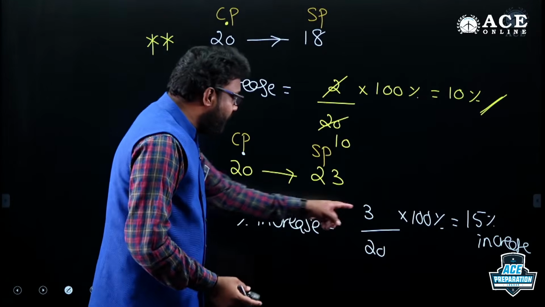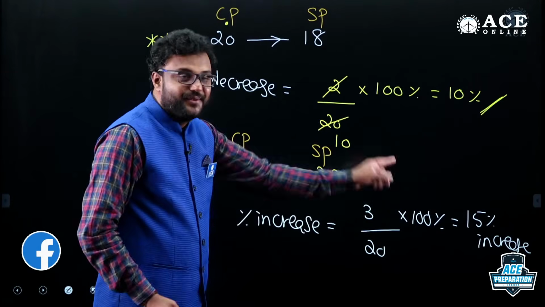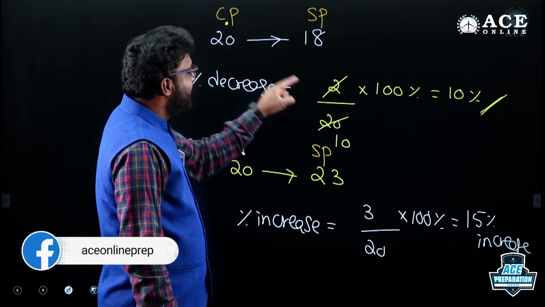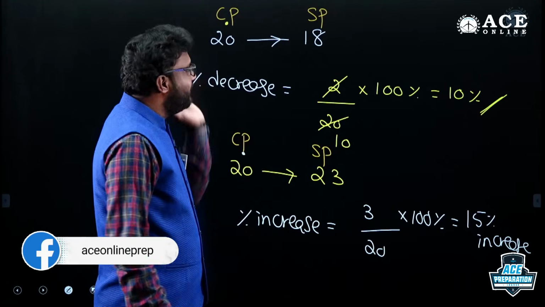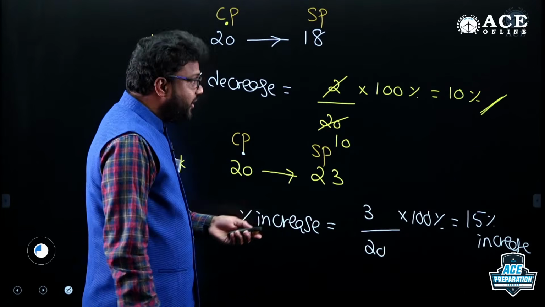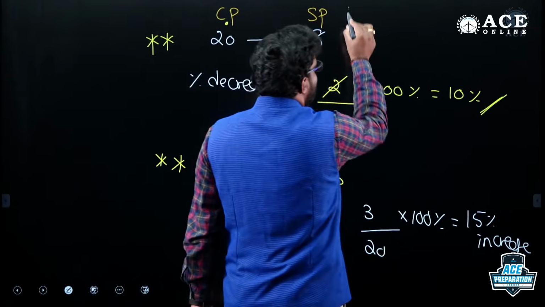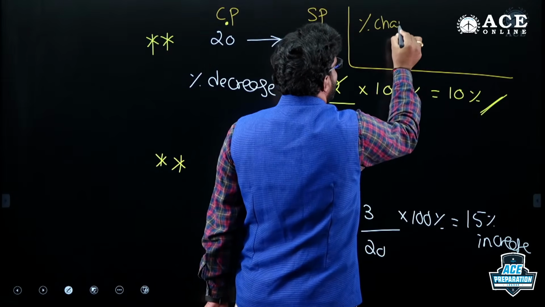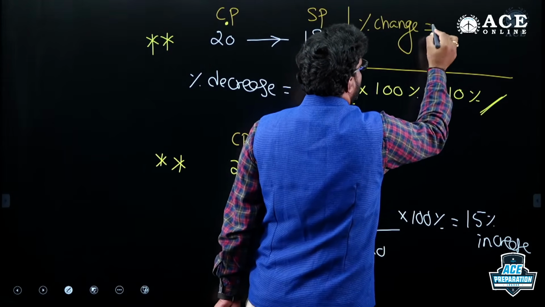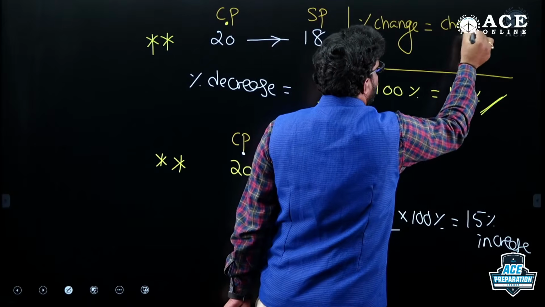Profit percent is profit with respect to cost price into 100. Loss percent is loss with respect to cost price into 100 only, with respect to the initial value. So what you should understand, percentage change is simple: change with respect to initial value (IV) into 100%.